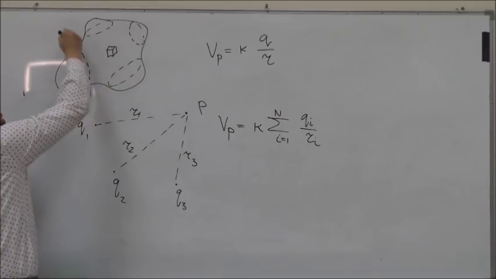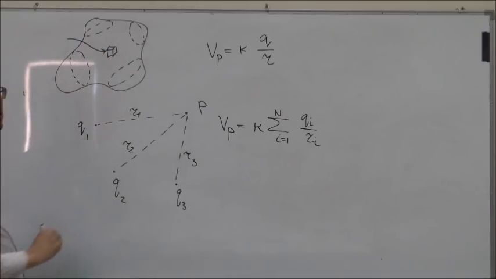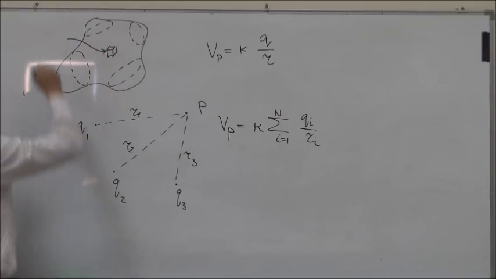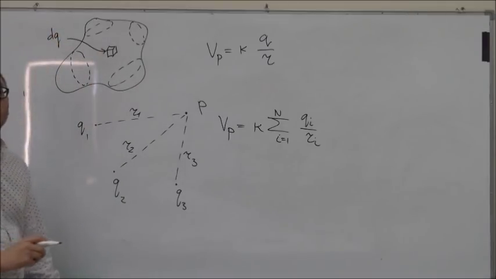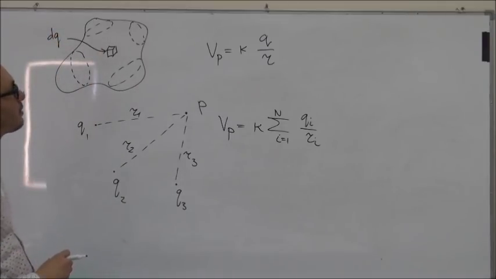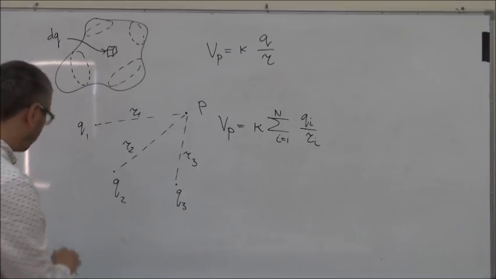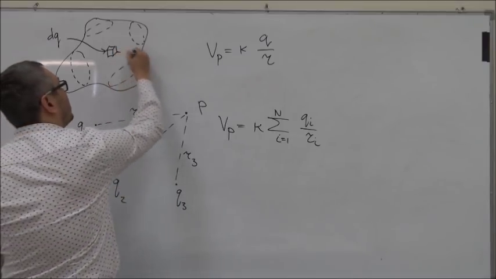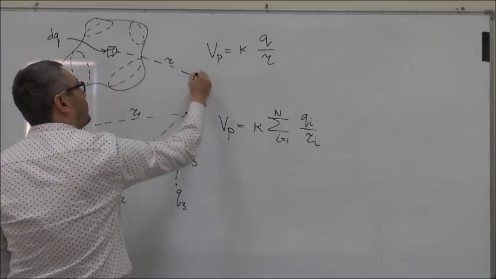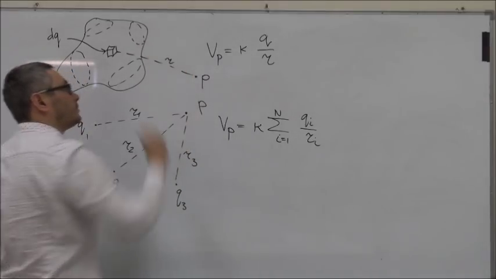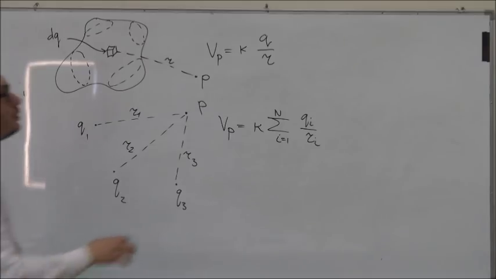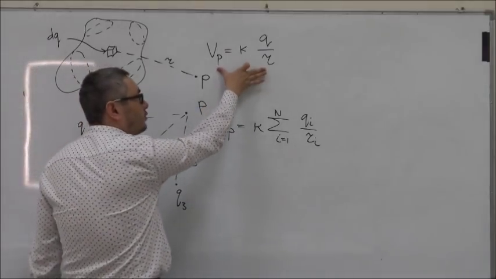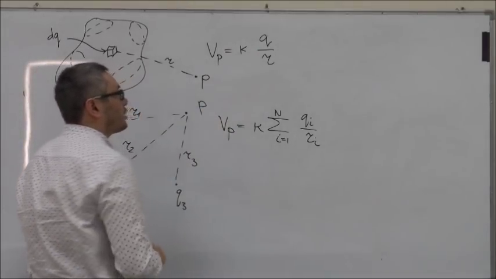Now that small piece will carry a small element of charge, dq. So it's an infinitesimal piece of that object, and let's say that it is at the distance r from point P. Then the equation that we have for electric potential of a point charge will change.